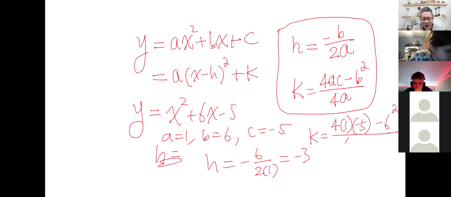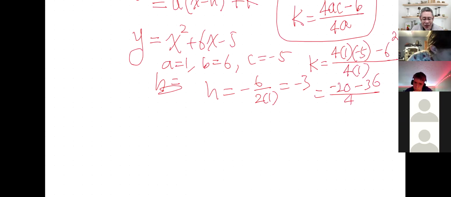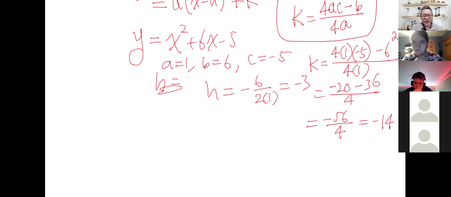That gives us -20, 4 times -5, then minus 36 over 4, which is -56 over 4. That gives us -14. Good?